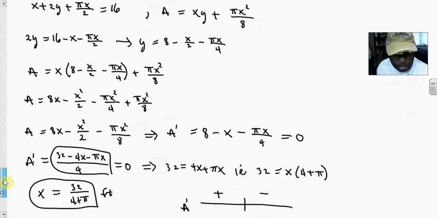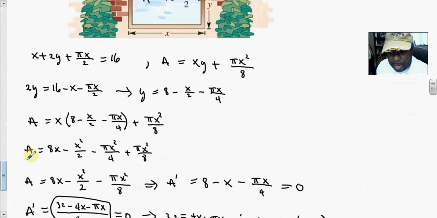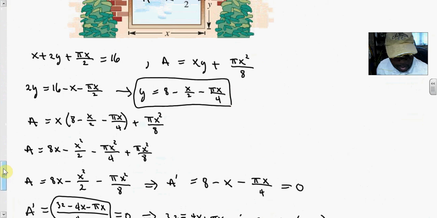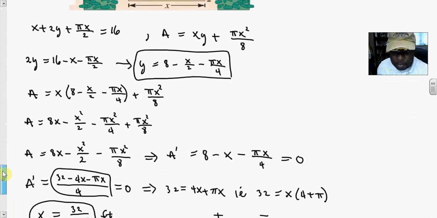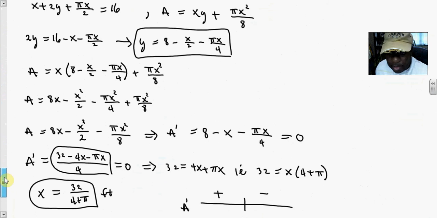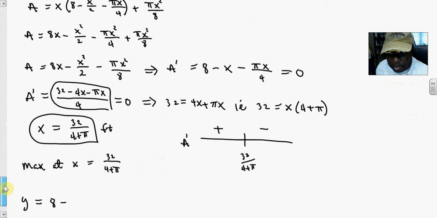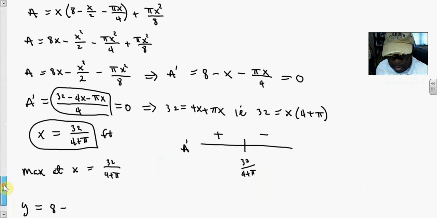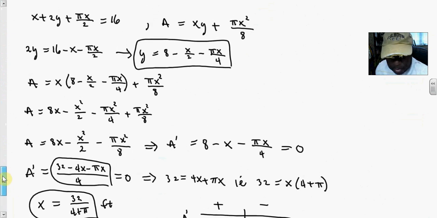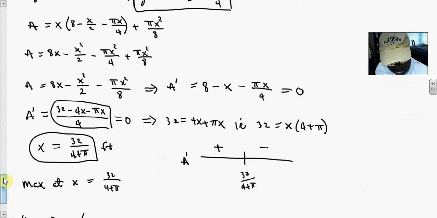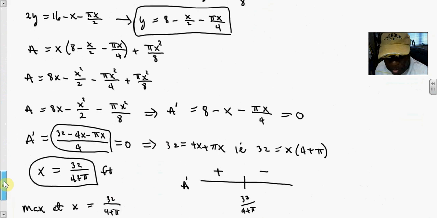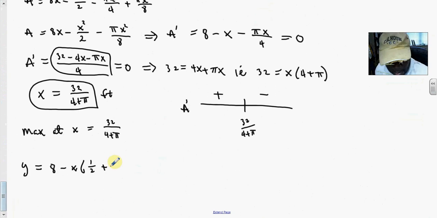Y is equal to, well, we had figured that out here. We'll plug that information in. So that's 8 minus x times, I'm going to write it a little bit different to help myself out. This is 8 minus x times parentheses 1/2 plus pi over 4.